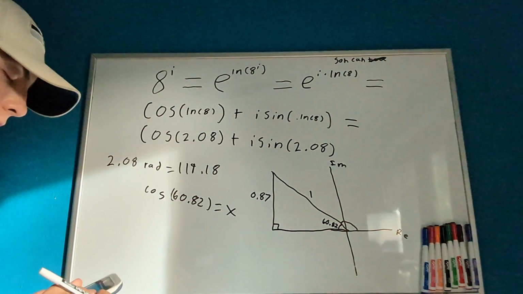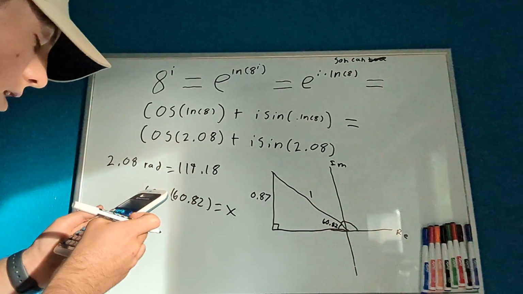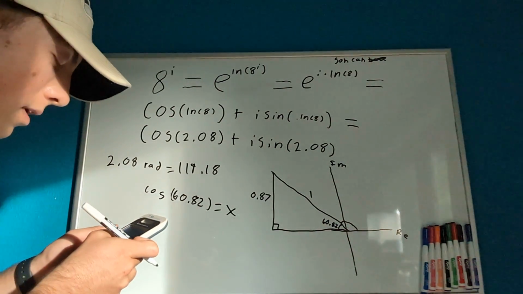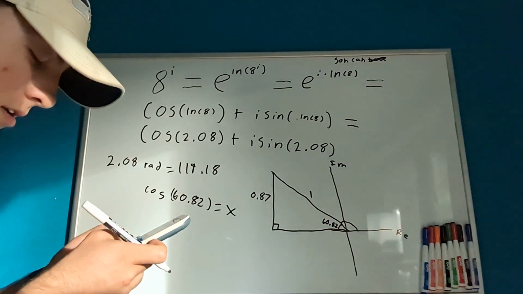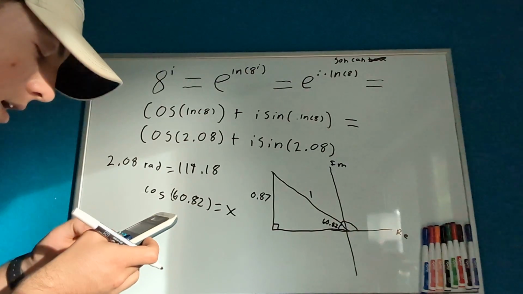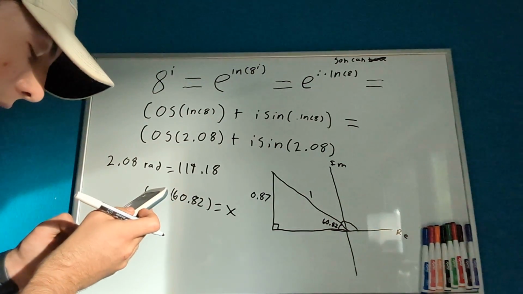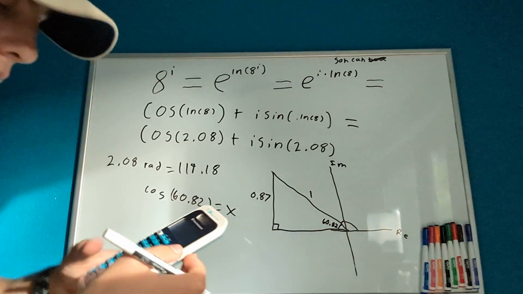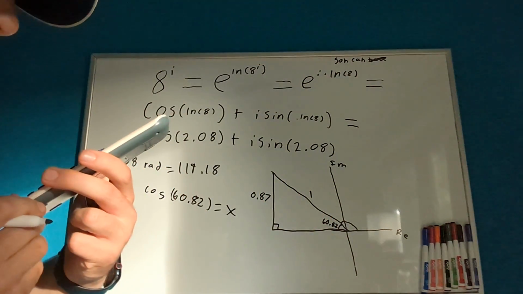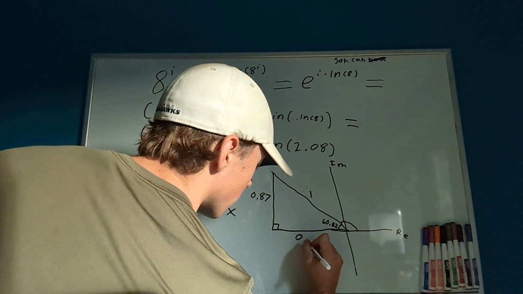So then let's take out our calculator once again. Let's do cosine of 60.82, right? Oh, I almost put a 90. Let's clear that. Cosine of 60.82, you can see that's what I'm putting in. Then we get 0.4, well, let's say 0.49.